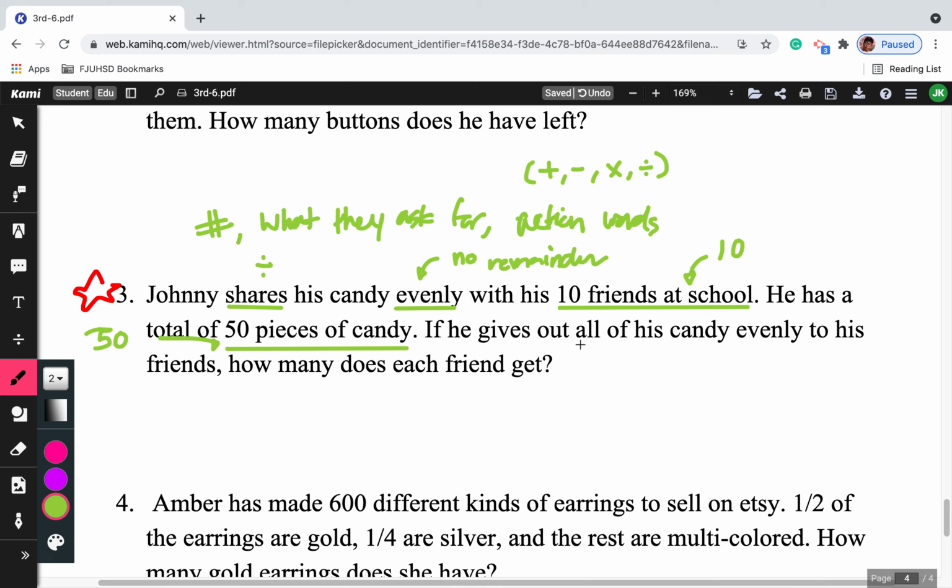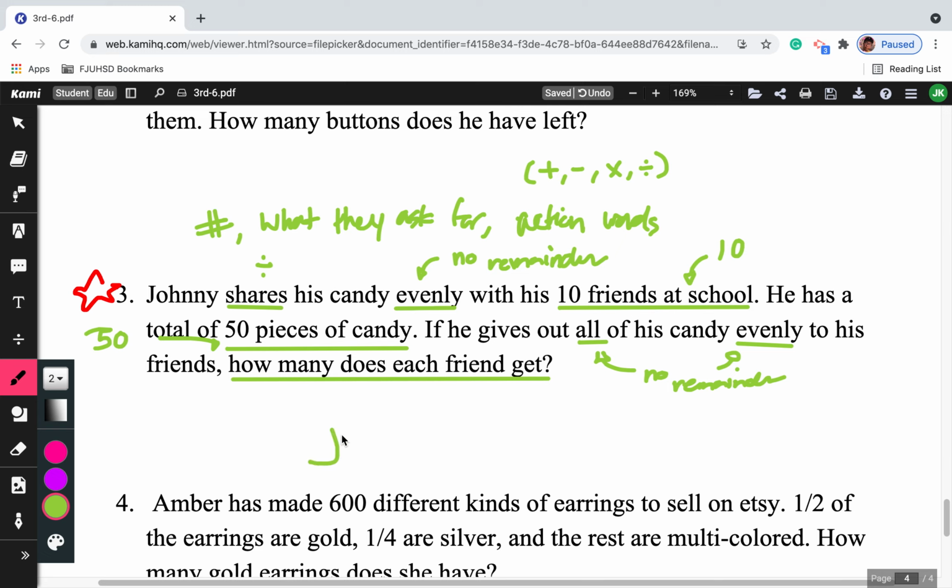So if he gives out all his candy evenly, it does basically say no remainder, to his friends. How many does each friend get? So what we're looking for is how many candies does each friend get? And if he gives out all his candy evenly, that has to be no remainder.